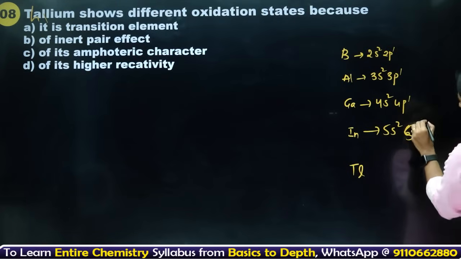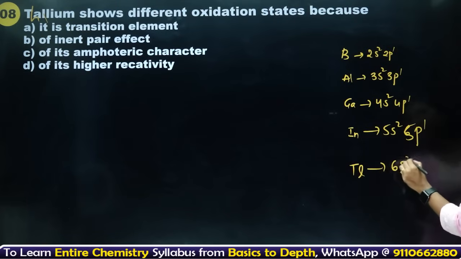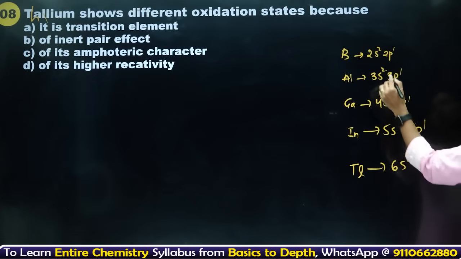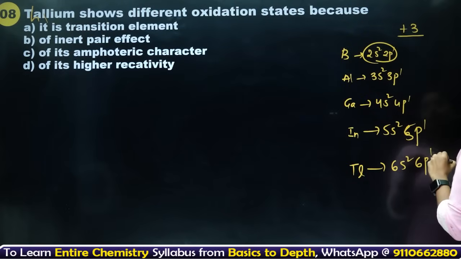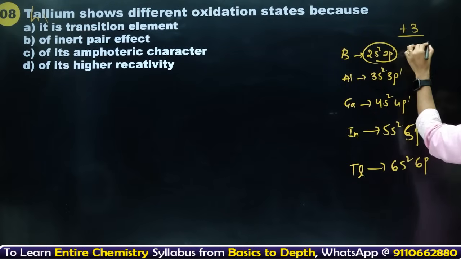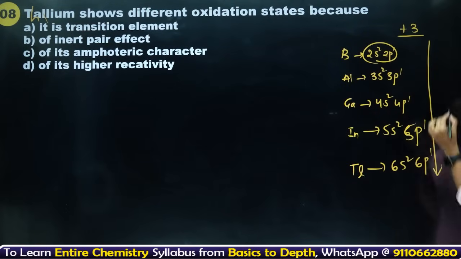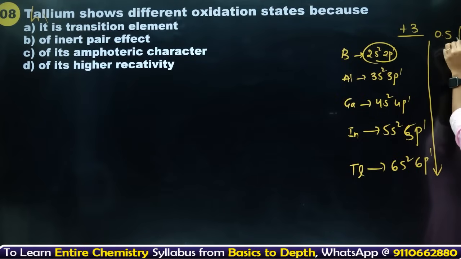They have 3 electrons in the valence shell, so they should show the +3 oxidation state. But top to bottom, the ability to show the +3 oxidation state decreases.